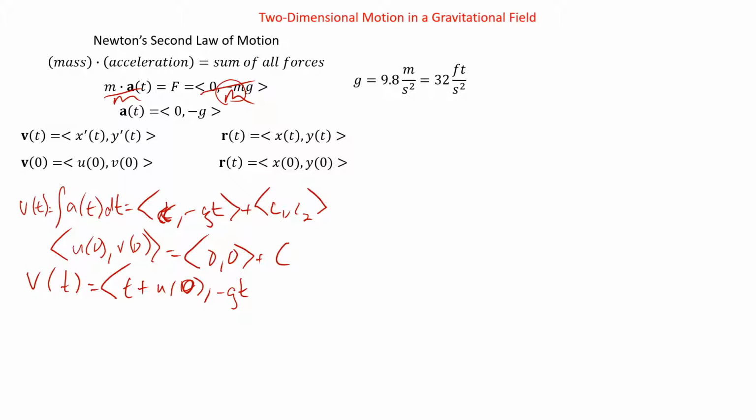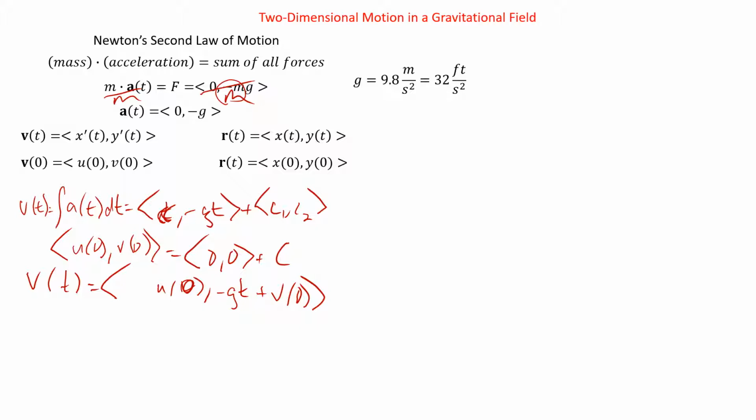And so that constant is just u of 0. So we have u of 0, comma, negative g of t plus v of 0. I don't think I can erase just that little bit. Oh, maybe I can. All right, so we have u of 0, comma, negative g of t plus v of 0. That would be with the initial velocities.